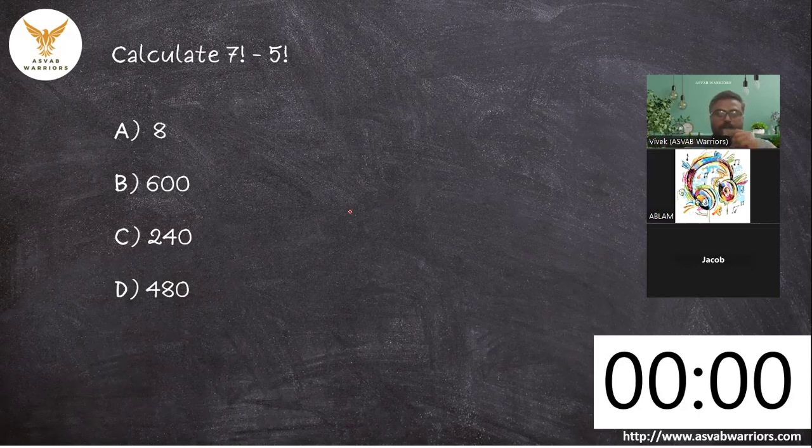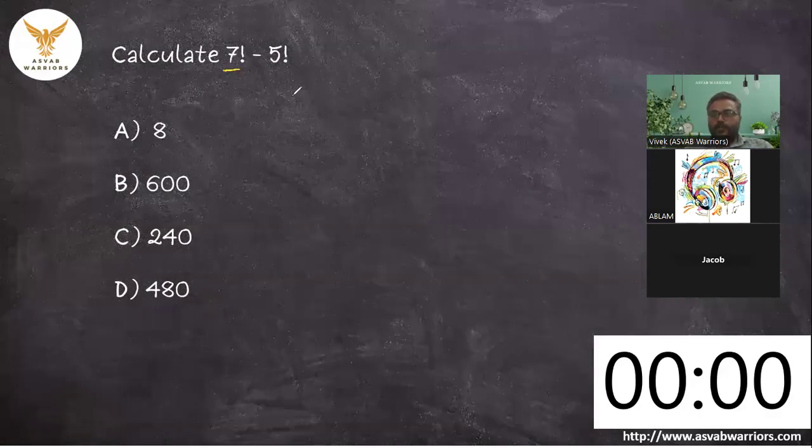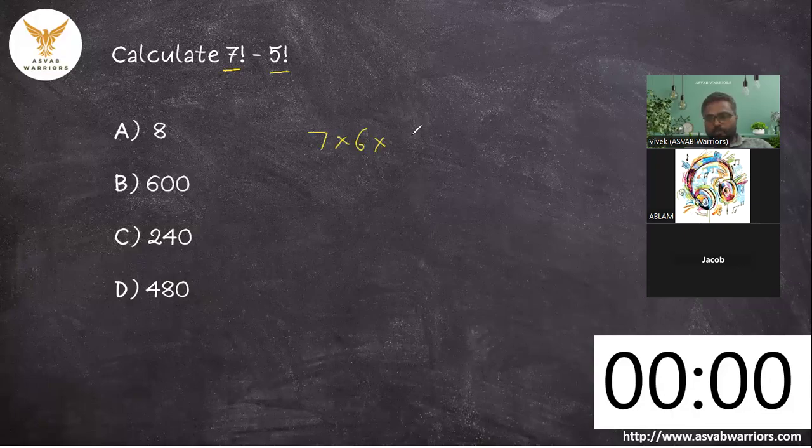Now, let's try to do it the smart way. So here, this is factorial 7, this is factorial 5. So what is factorial 7 equal to? 7 times 6 times 5 times 4 times 3 times 2 times 1. So I'll just write it as 7 times 6 times factorial 5 minus factorial 5. If I take the common factor out, it will be factorial 5.